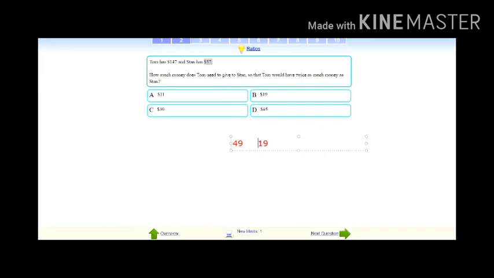This is the money. Now how much money does Tom need to give to Stan so that Tom would have twice as much money as Stan? Okay, you just try to make the balance. Some money from this transfers into this, so that this money should be double this.